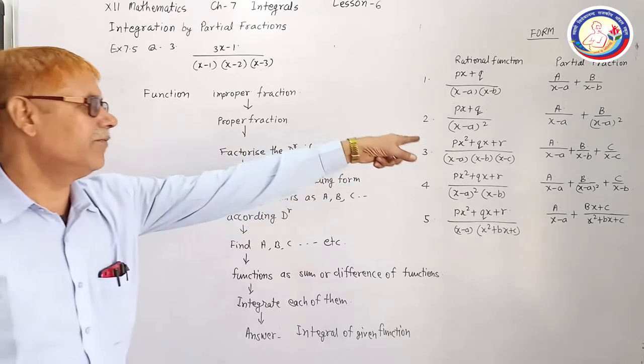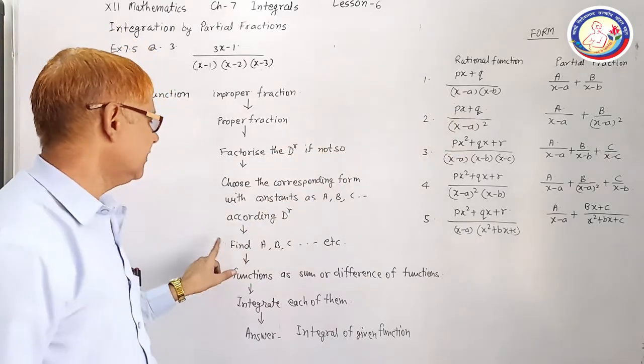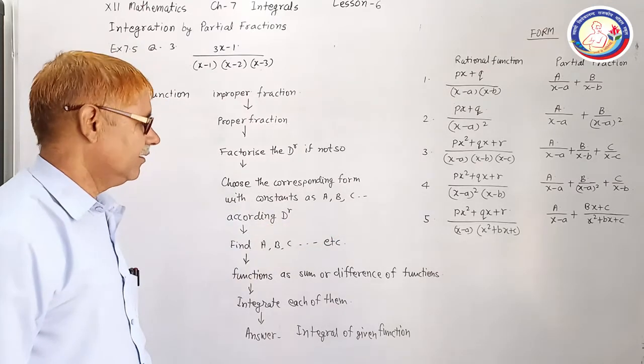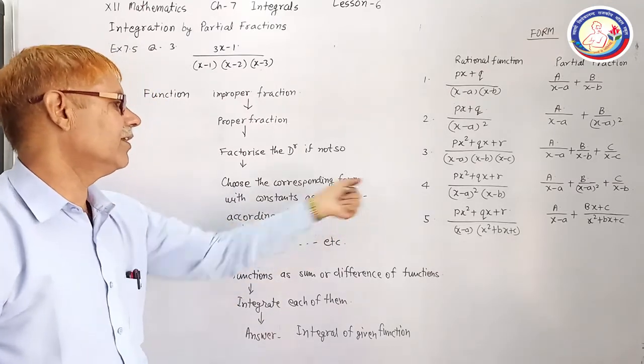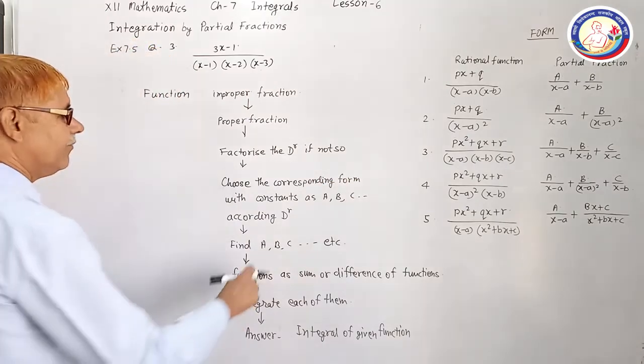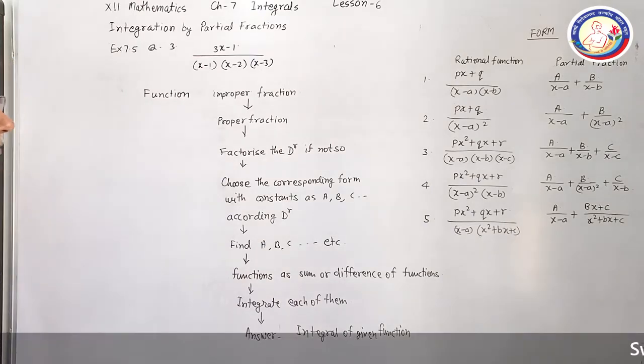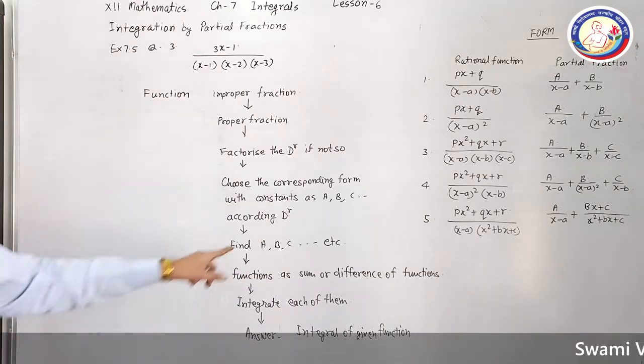Then choose the corresponding form of the partial fractions with A, B, C as constants. There may be two constants or more; there will be three constants at most. Then find the values of A, B, C with the help of equations formed by comparing coefficients.